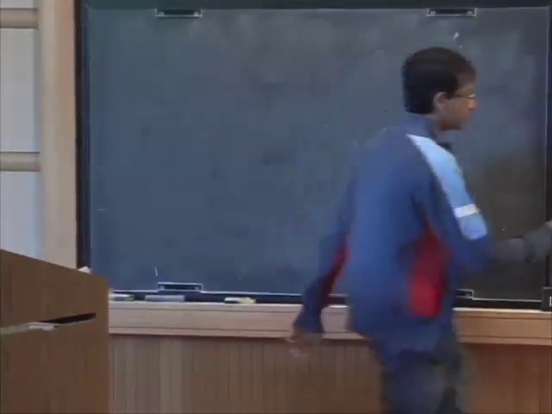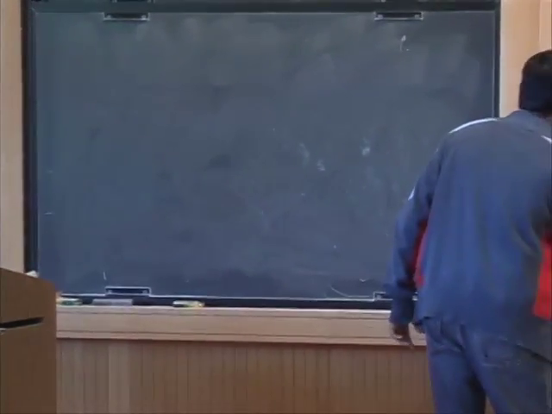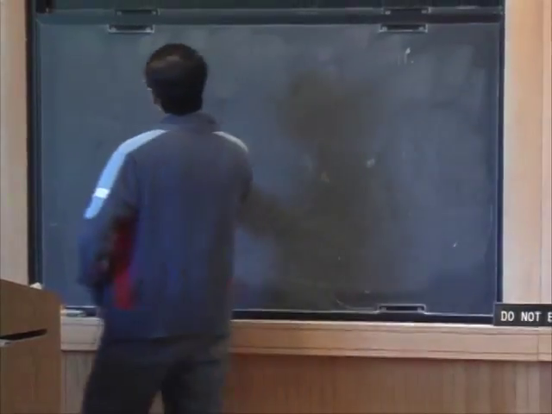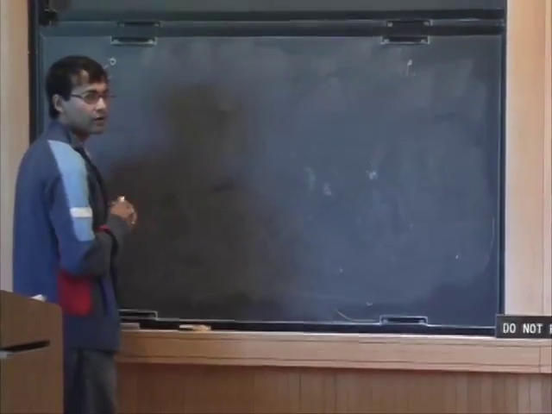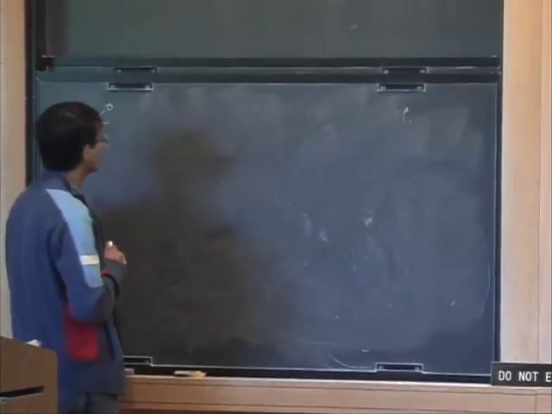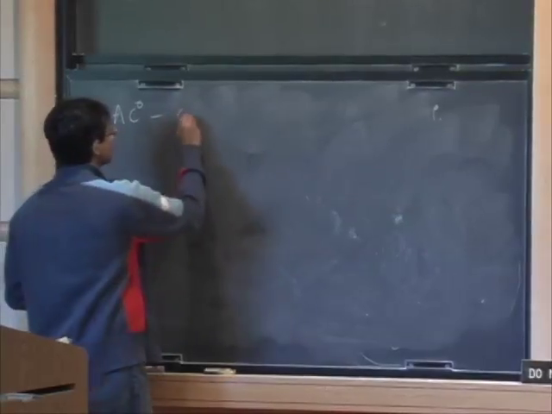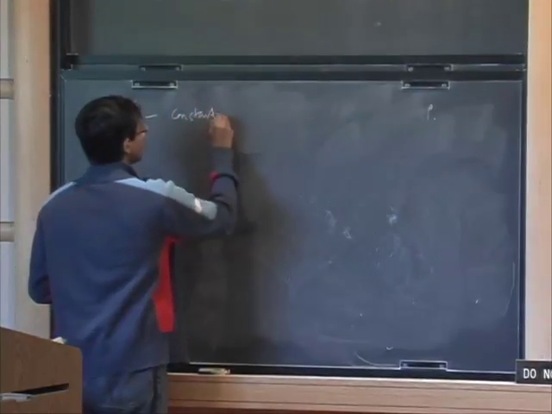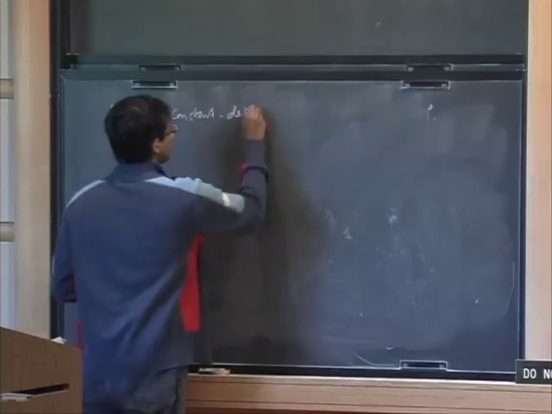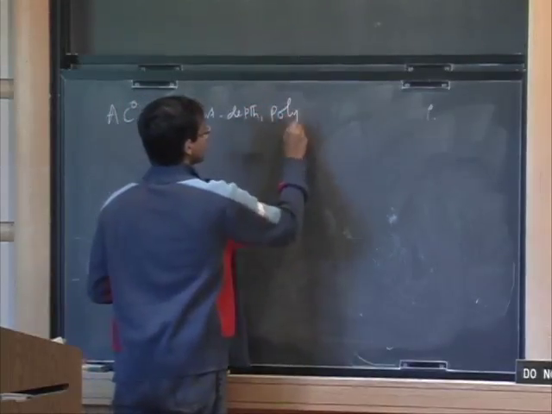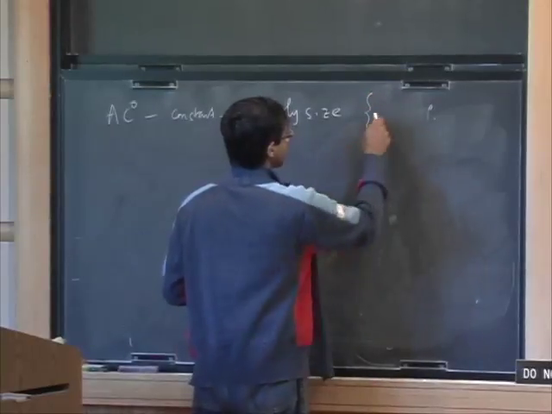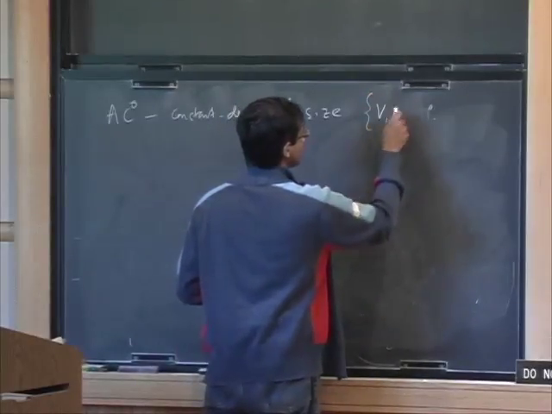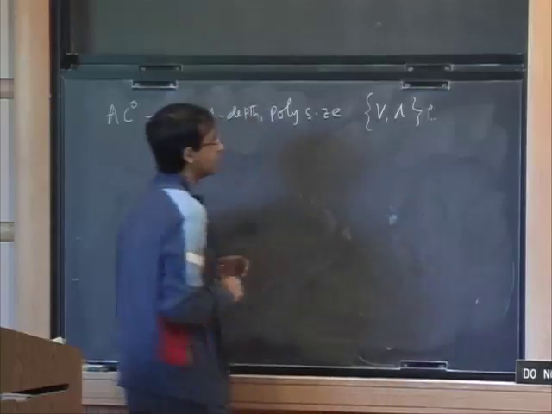Let me define the class AC0 to be the class of functions that are computable by constant depth circuits in polynomial size, constant depth, poly size, and just using OR gates and AND gates.